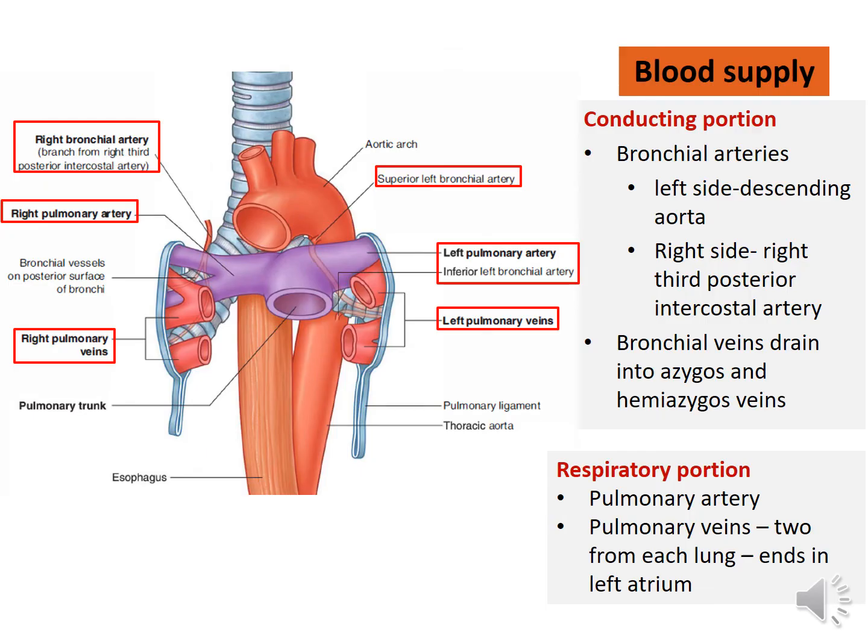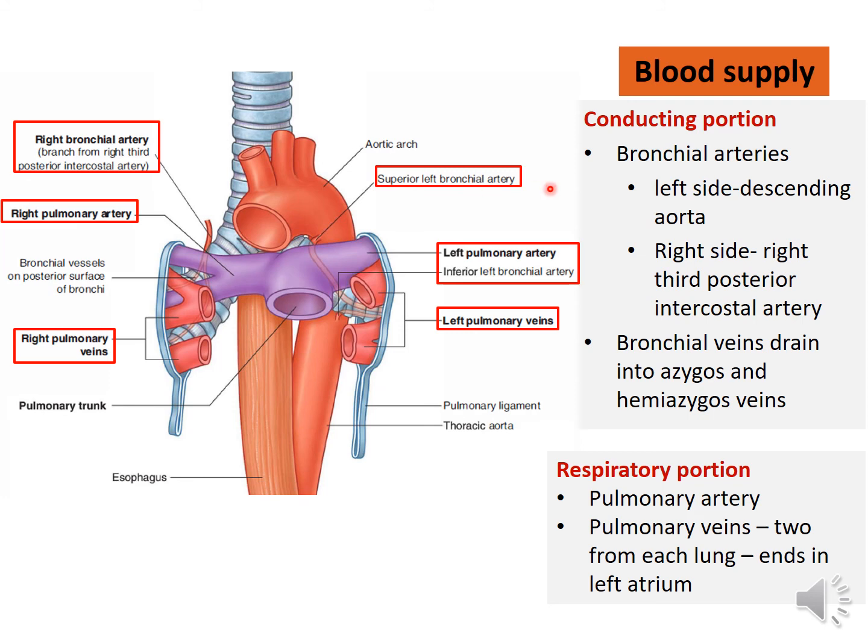Blood supply to the lung. The conducting portion of the lung is supplied by the bronchial vessels, whereas the respiratory portion is supplied by the pulmonary vessels. The bronchial arteries: on the left side there are two, and they arise from the descending thoracic aorta.